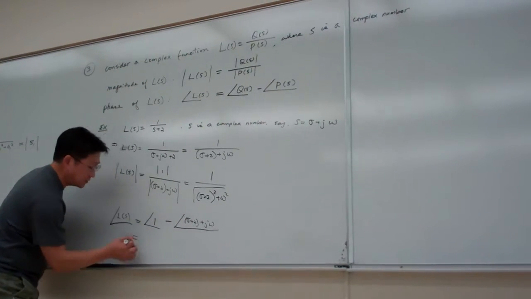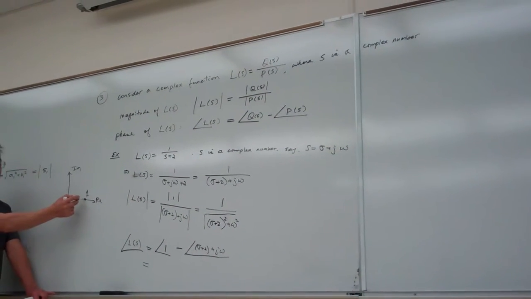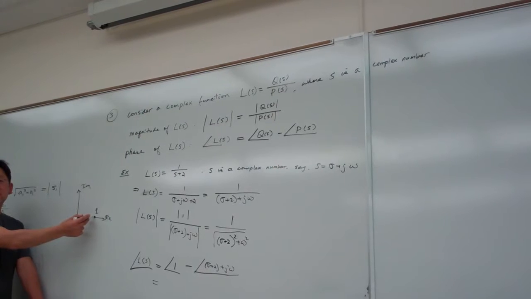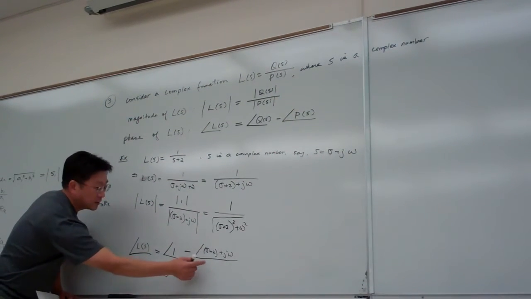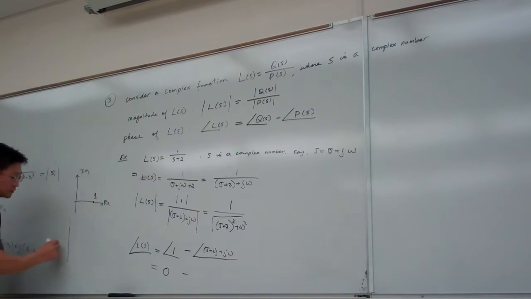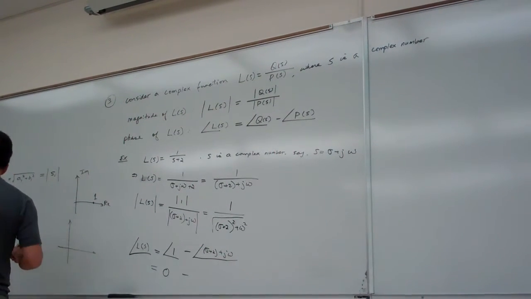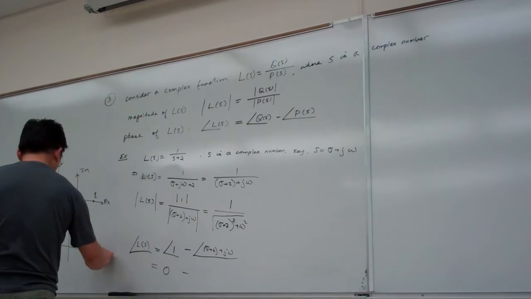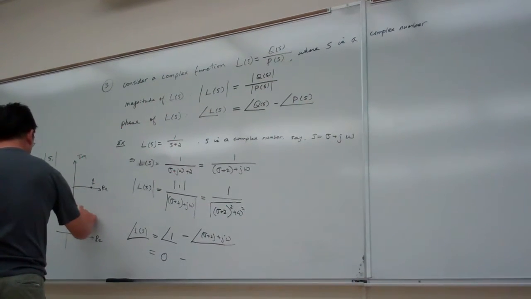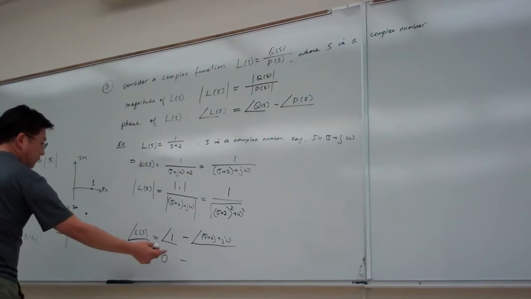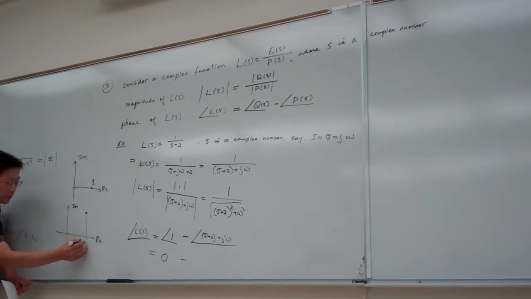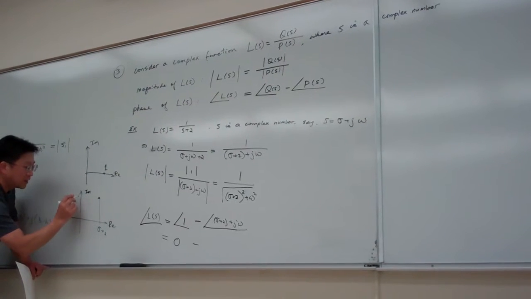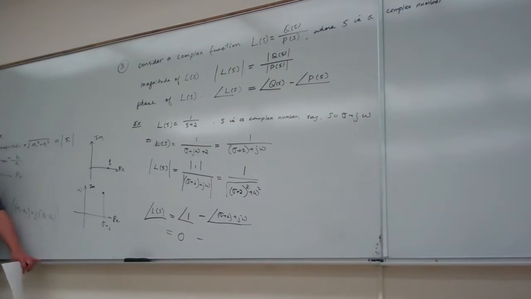You can see for 1 the phase angle is equal to 0, right? So that is 0. And this one, what is that? Maybe we can draw this again. Sorry, I will kind of block your way. So for this one, we can draw here. That one has the real part sigma plus 2 and the imaginary part omega, right?